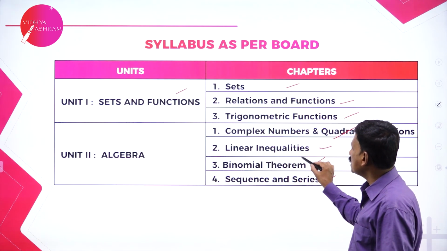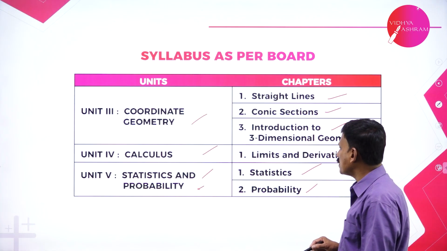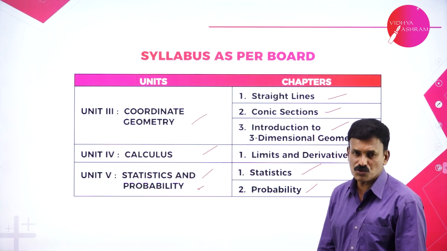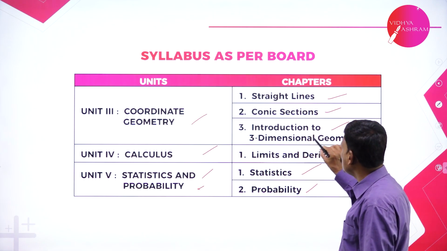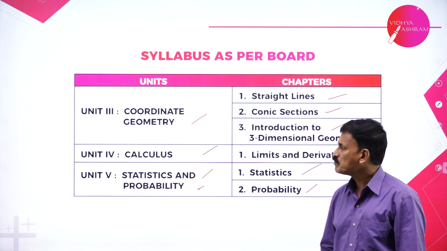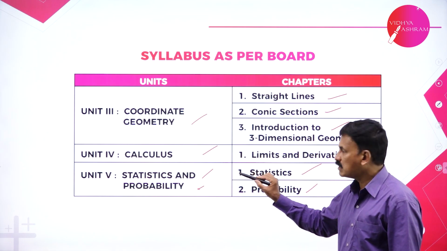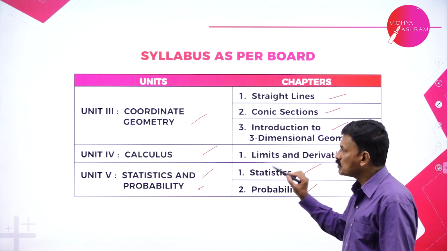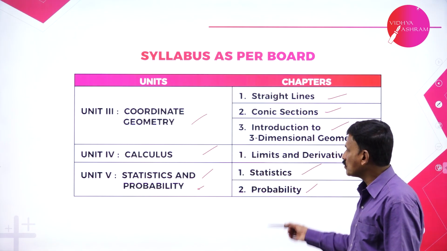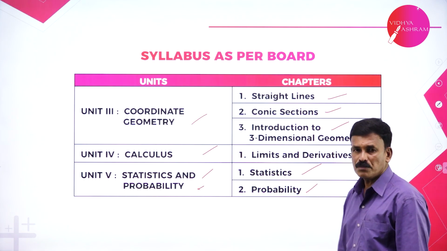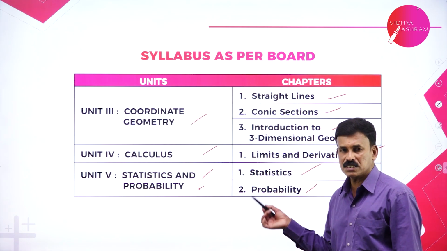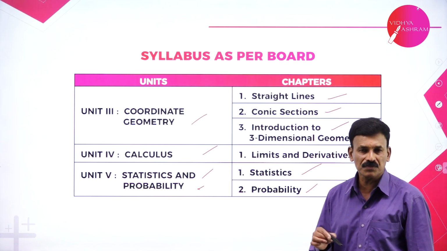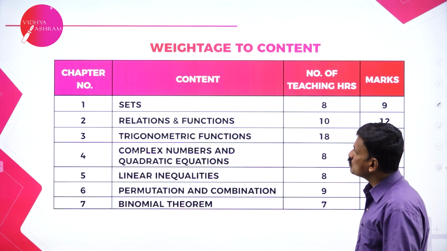In unit 3, coordinate geometry: straight lines, conic sections and introduction to 3D geometry. In unit 4, calculus: limits and derivatives. And in the last unit, statistics and probability. These are the chapters which you are going to study in your first PUC syllabus.